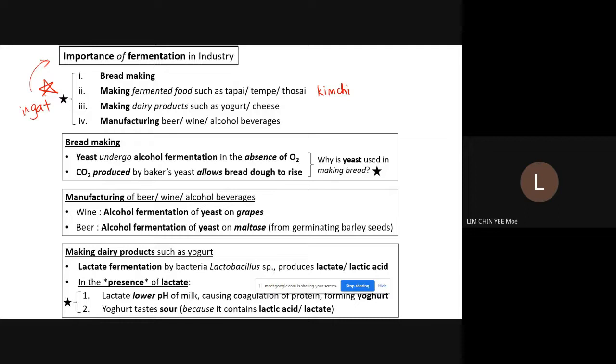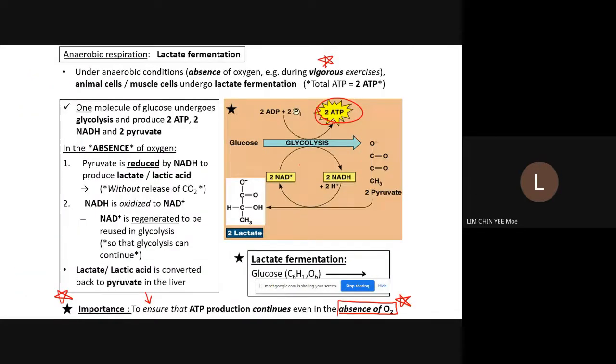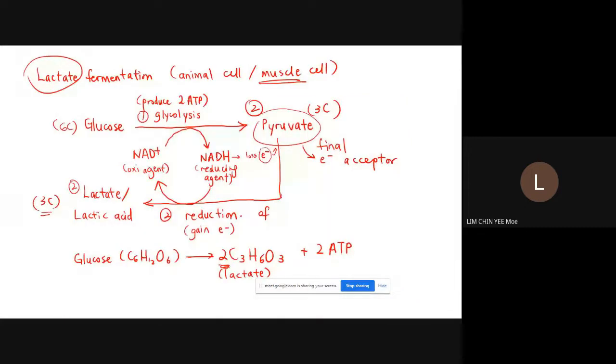Now bread making, they may ask you, why is yeast used in bread making? Tadi kita cakap yeast terlibat dalam lactate ke alcohol fermentation? Alcohol. So yeast will undergo alcohol fermentation, and during alcohol fermentation, you can see that carbon dioxide is released.